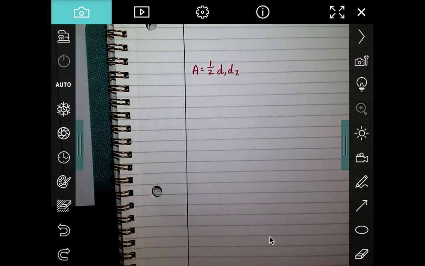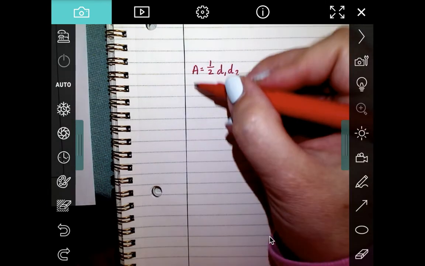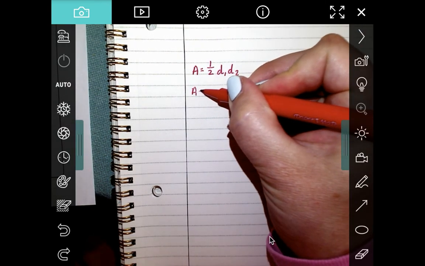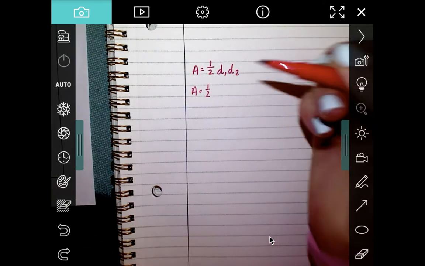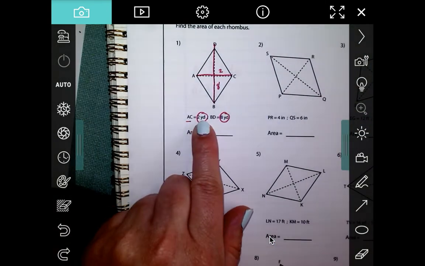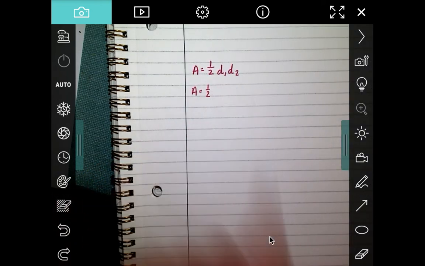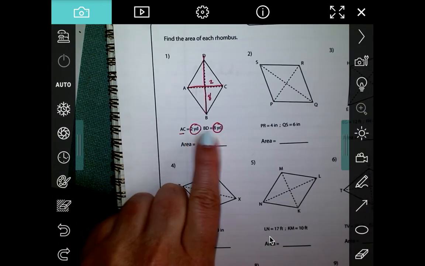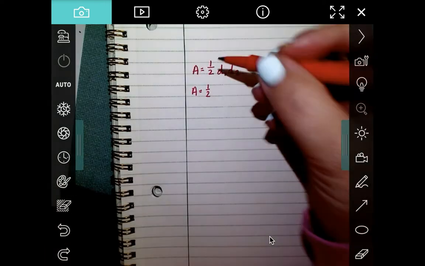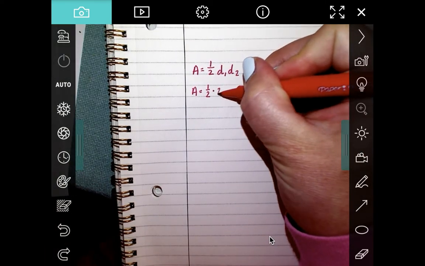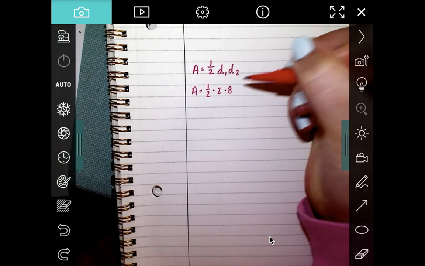Okay, area equals 1/2 D1 D2. Okay, so we don't know the area. Area equals 1/2. Now, it doesn't matter which one is D1 or D2 because of the commutative property of multiplication. We can put whichever one first. 2, 8. 1/2, 2 times 8.